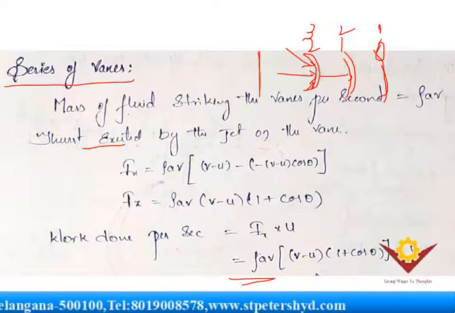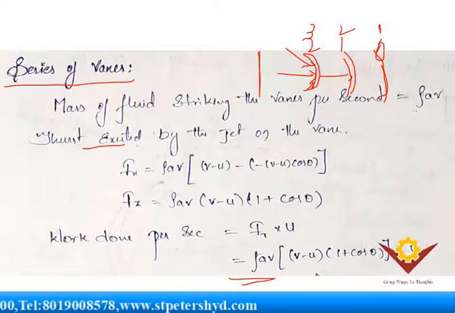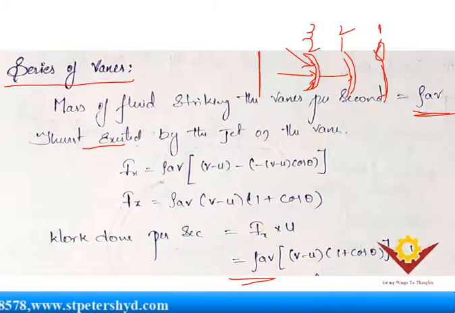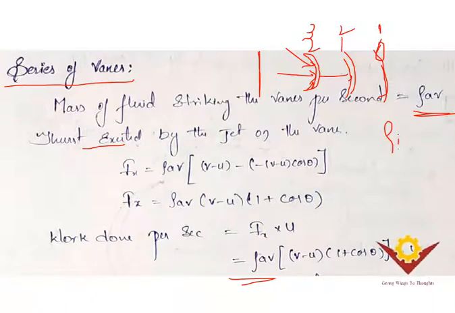Okay, and now the mass of fluid striking the vanes per second is rho a v. If it is a single vane, then your mass will be rho a (v minus u). But here it is a series of vanes, so instead of relative velocity you are taking only the velocity.